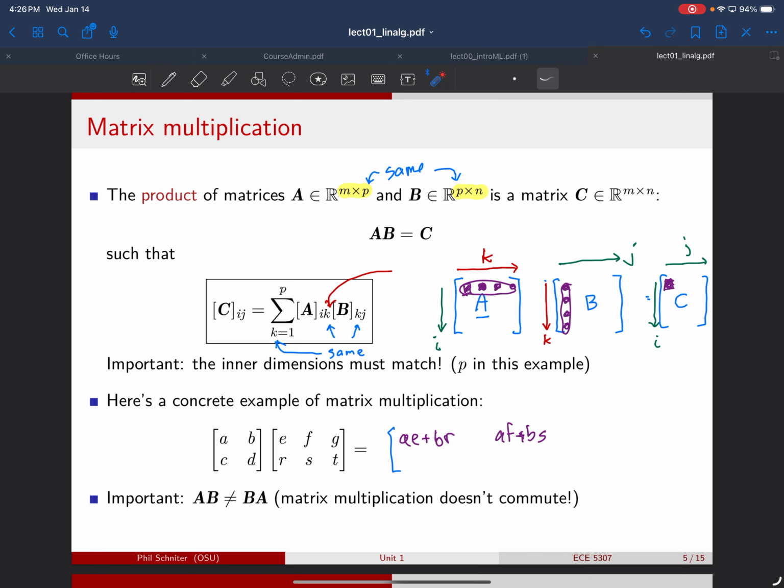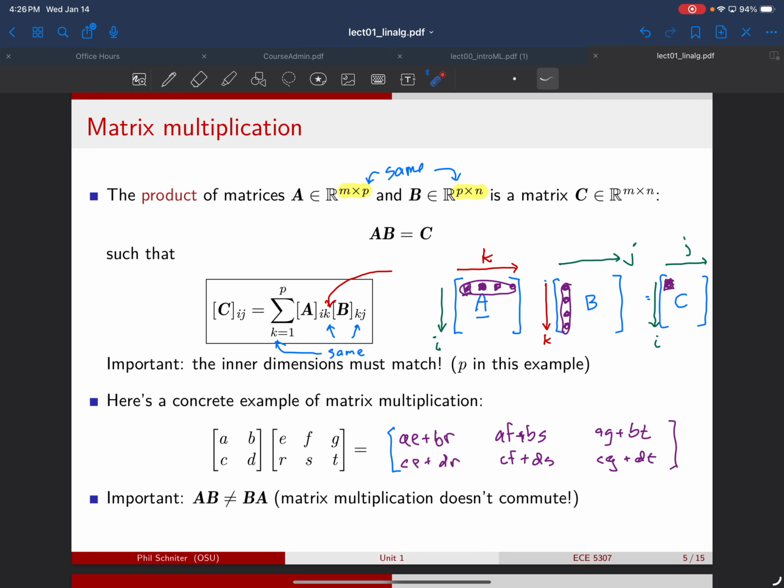And to get the last one, we're going to have A times G plus B times T. Now, to get the bottom row, we use the bottom row of the first matrix, C times E plus D times R. The next one is going to be C times F plus D times S. And the final one is C times G plus D times T. And you can see when we do this, we get a new matrix that shares the same number of rows as the first one, which is 2, and the same number of columns as the second matrix, which is 3.